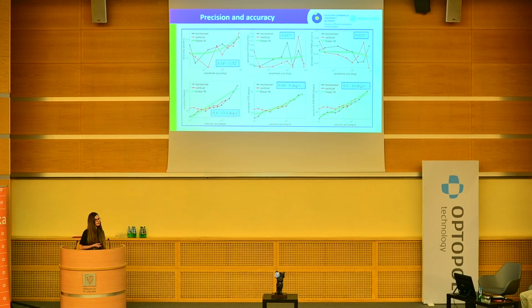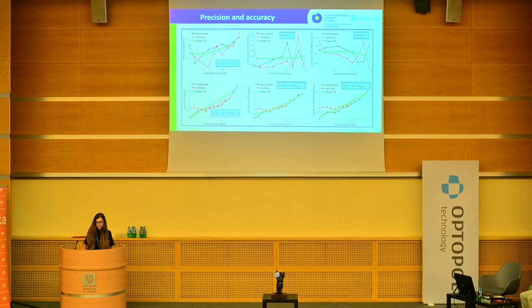Okay, and here we can see the results. These graphs are for the stationary object. These graphs are for moving objects. The first column is accuracy.